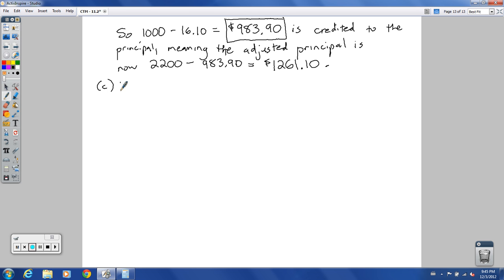Part C. Determine the amount Bob must pay on the due date.